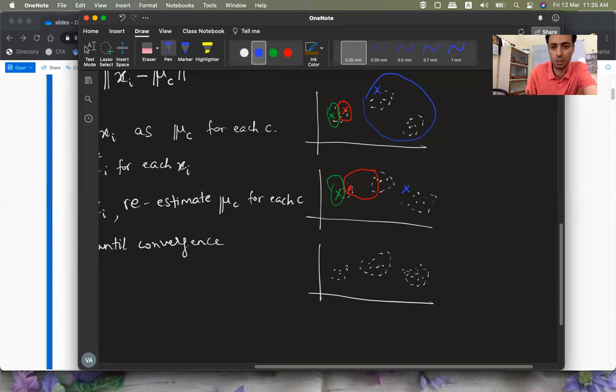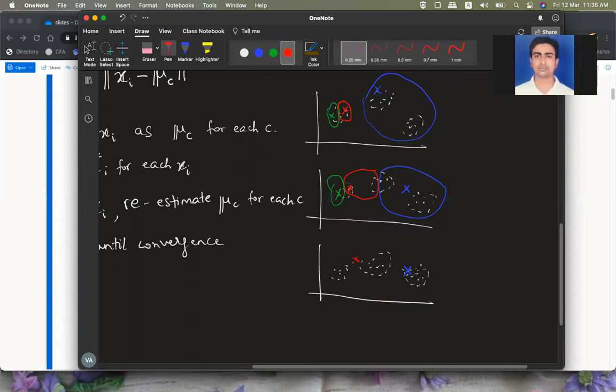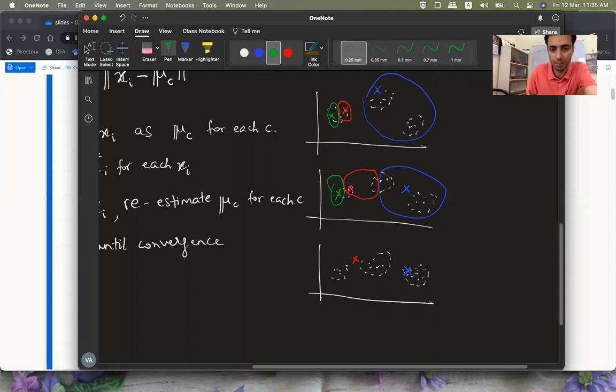You see the blue point, we didn't draw it. It will move a little bit towards this side, right? Because there are now fewer points here. So it will be somewhere here. Red will be somewhere in the middle, right? Because these points will pull the red one here. And the green will be somewhere here only.